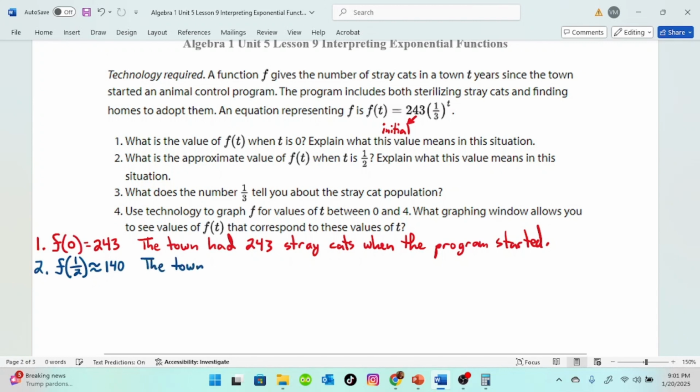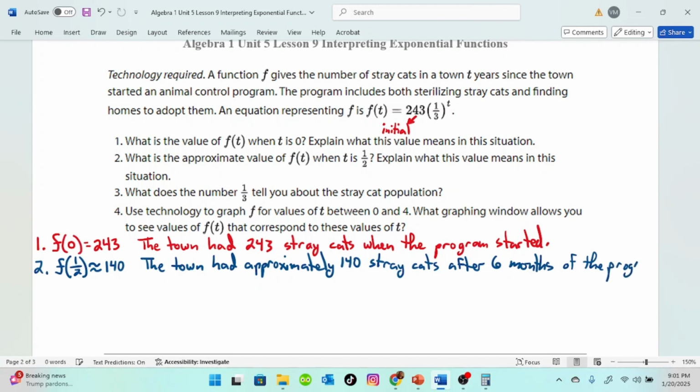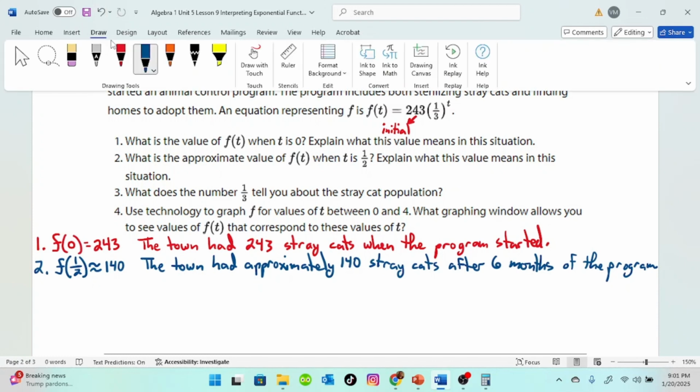The town had approximately 140 stray cats after 6 months of the program. And that's how we would answer number 2.